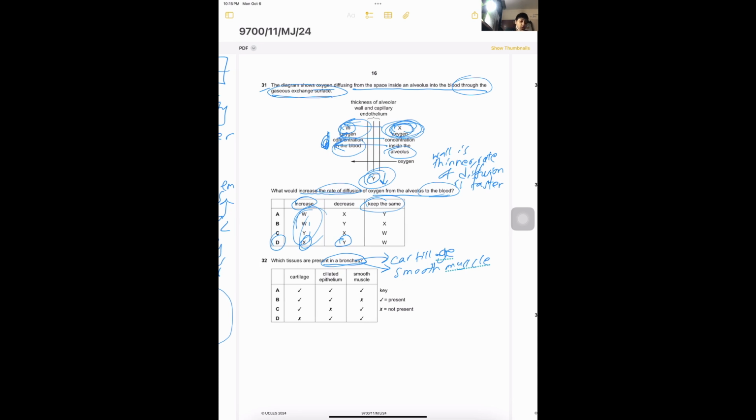From that one table so many questions come. It's very important, that one table. So which tissues are present? Cartilage is present, so that is wrong. Ciliated epithelium is also present, so that is wrong. And smooth muscle is also present. So the answer should simply be A.